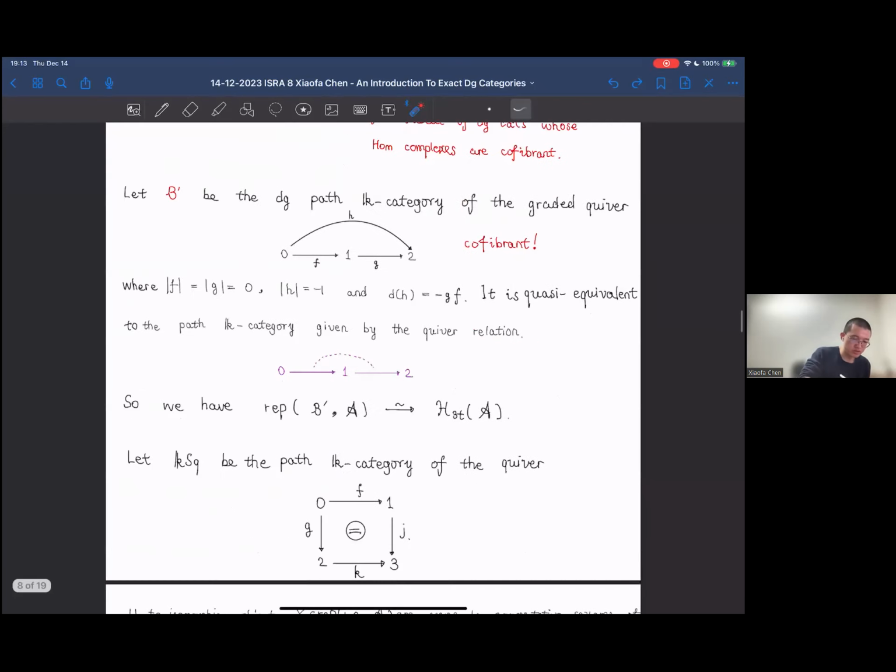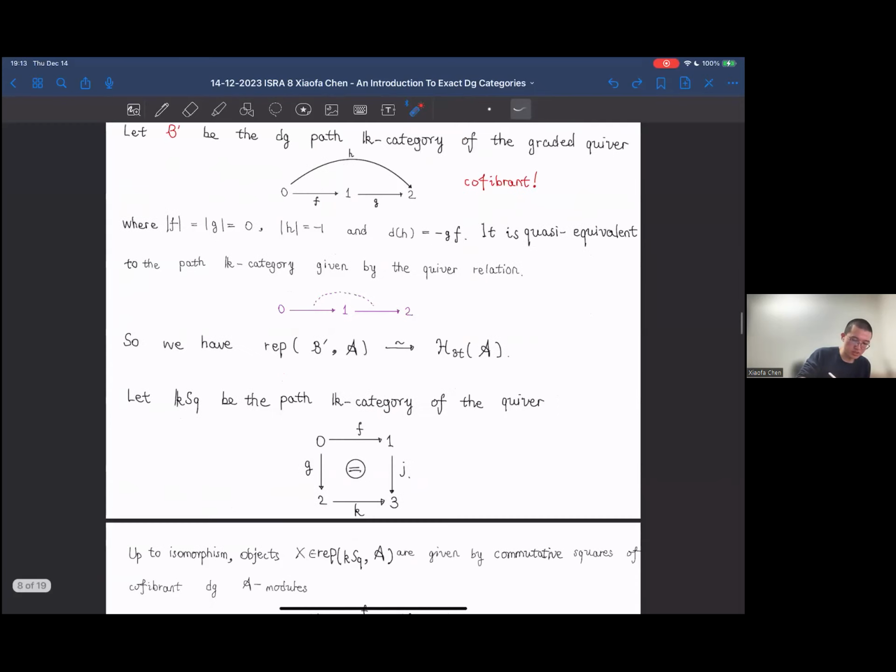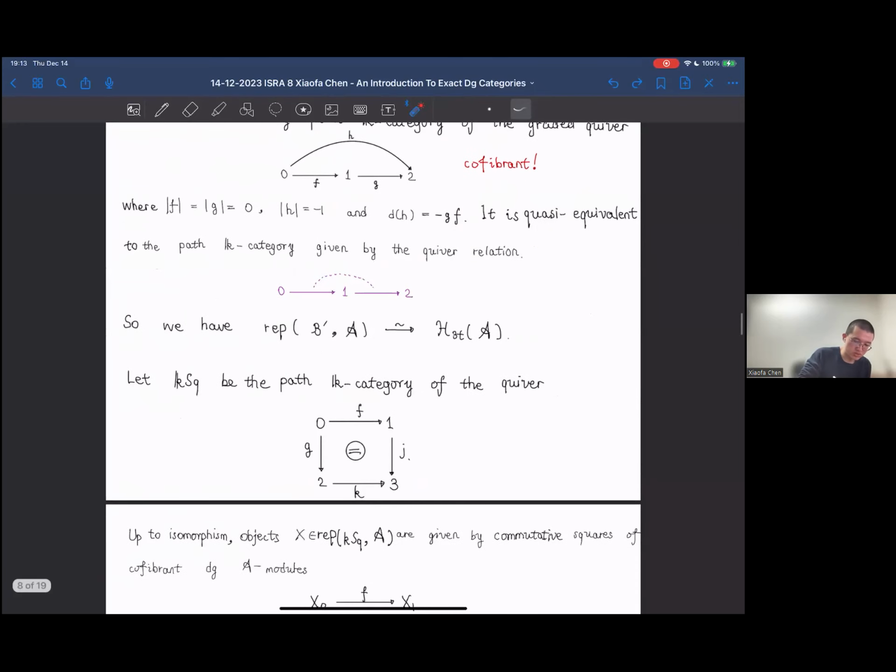Okay, we can further embed this DG category into this DG category, the path category of this quiver. So we have these four arrows such that the composite of these two equals the composition of these two.